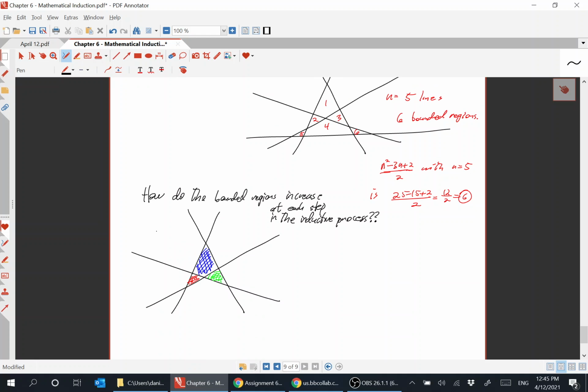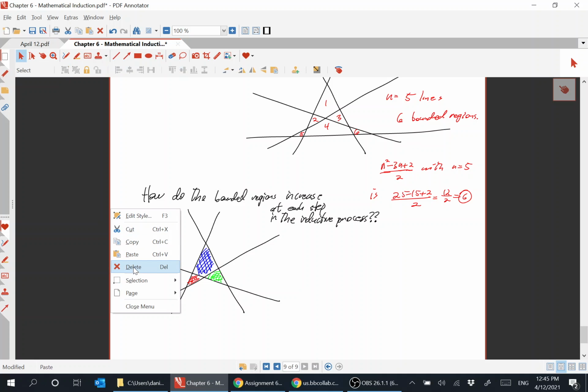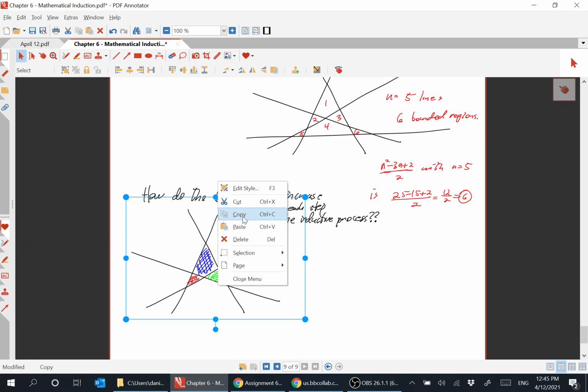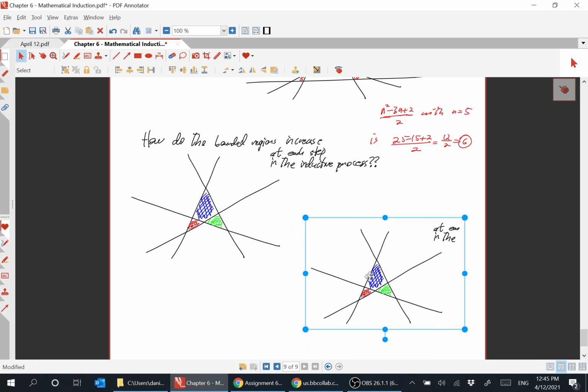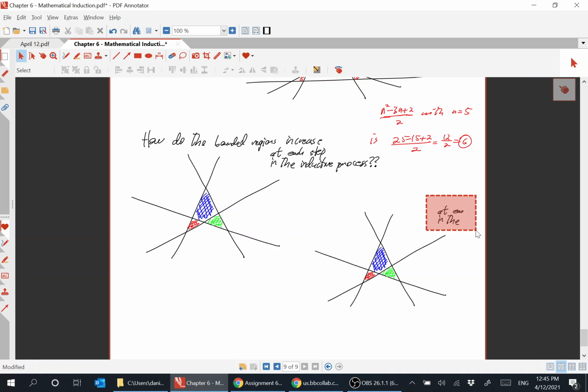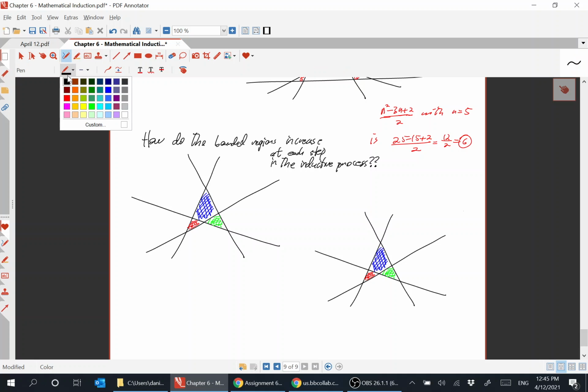So if you've got 4 lines here like this, and then you want to increase to 5 lines. I should make it a different color.